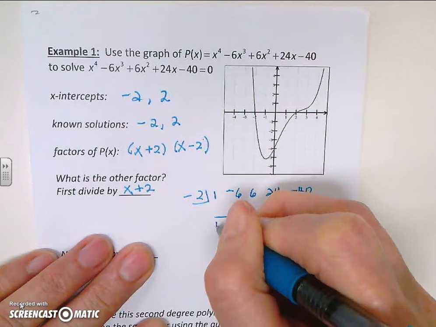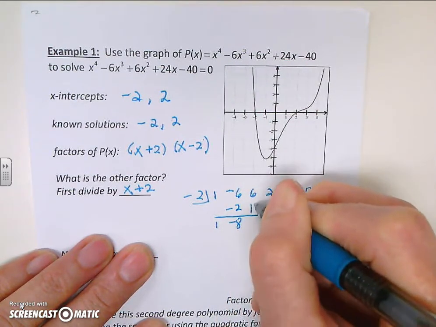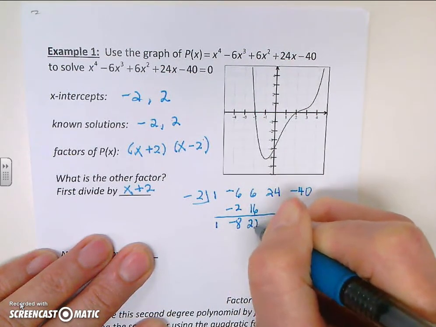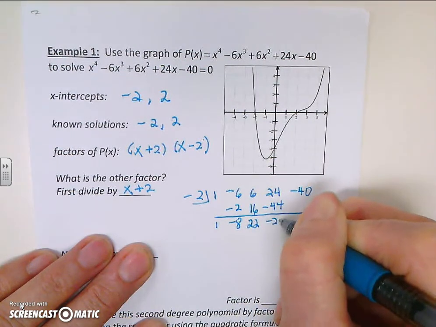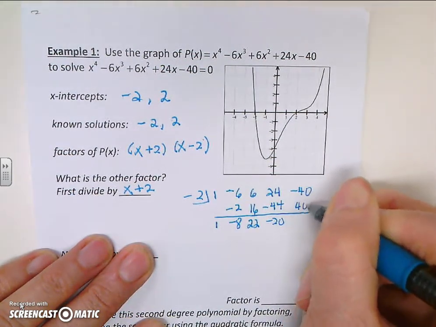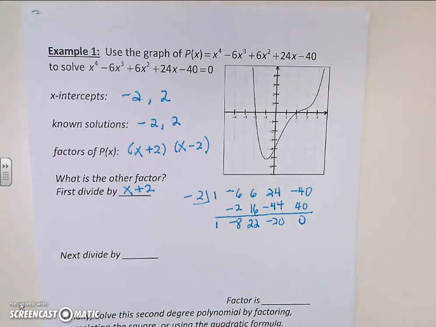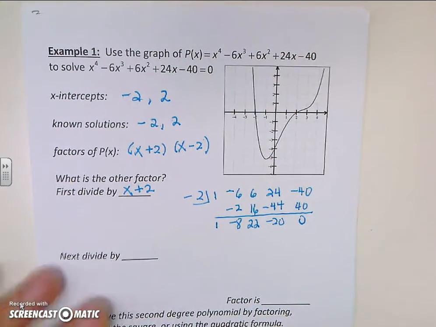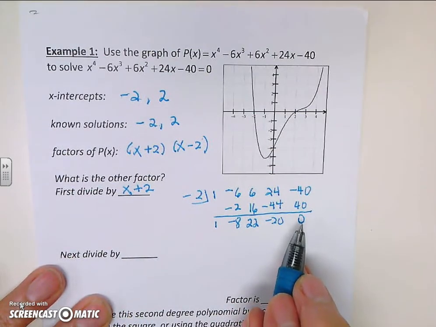So drop our 1 down, that gives me -2, that's a -8, 16, that adds to 22, it's -44, that's -20, +40, and I get what I expected right there, a 0, because it was a factor. So if it's a factor, it should have a remainder of 0.